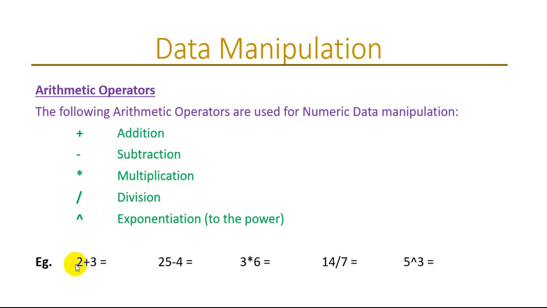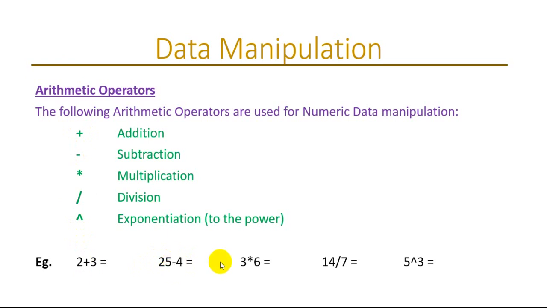Now if you look at this, we have 2, which is a numeric constant, and 3 is a numeric constant. We are using the arithmetic operator plus to work something out. Here again 25 and 4, two numeric constants, we are using minus.